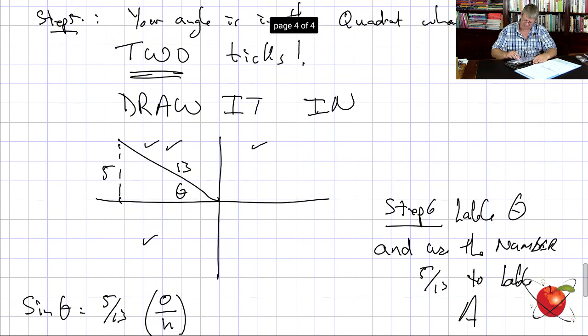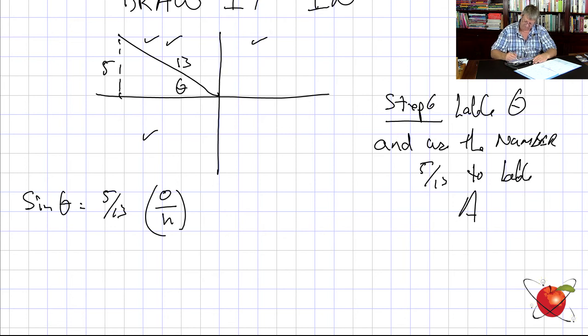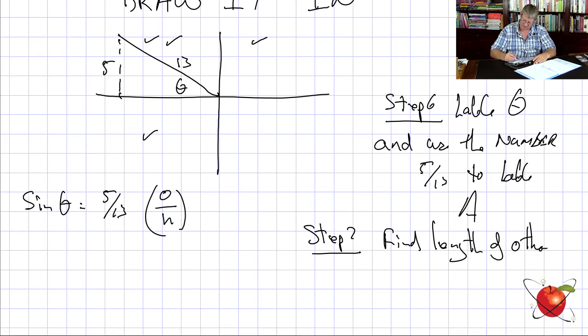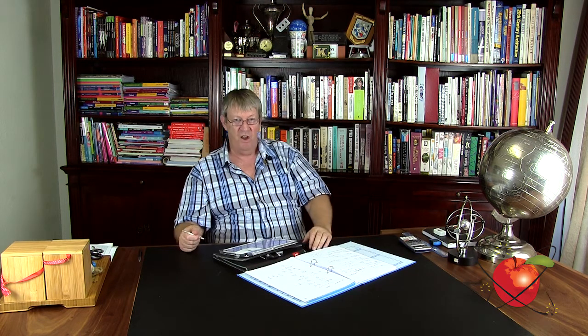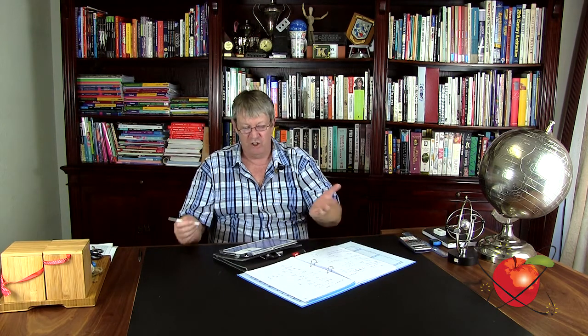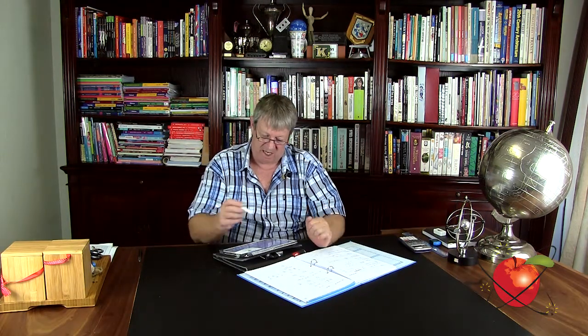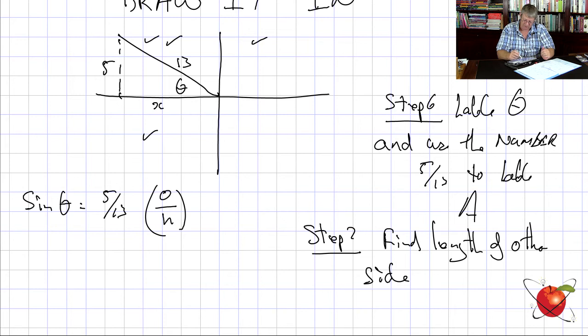Now, the next step is step 7. Step 7 is what? Find the length of the other side. There'll be one side missing. This one here, your x-coordinate. It could be x or y. Usually an x, but it doesn't matter. So how do we find that?